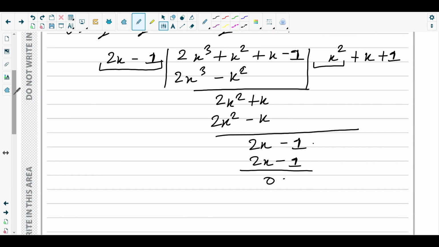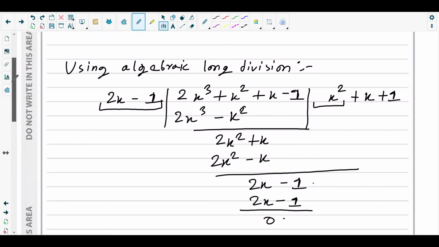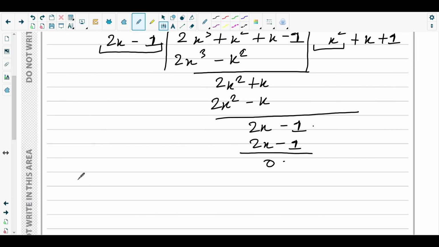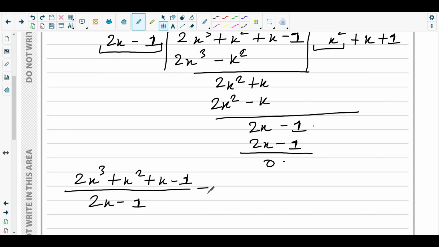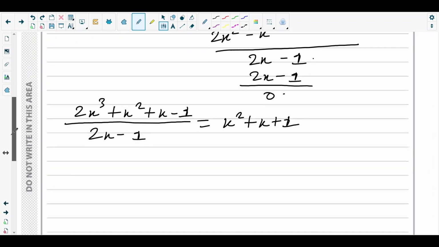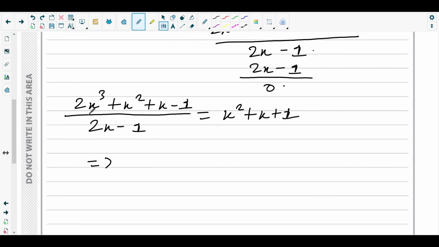So that means the quotient we got as we divide f of x by 2x minus 1 is x squared plus x plus 1. So f of x is equal to 2x minus 1 times x squared plus x plus 1.